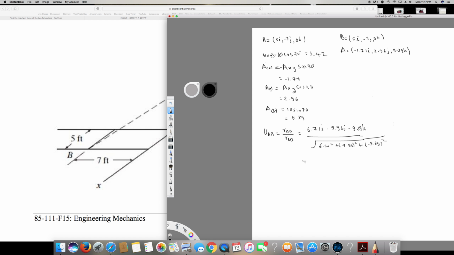The square root of 6.71 squared plus 9.96 squared plus 9.39 squared is equal to 15.24. So it's going to be divided by 15.24.